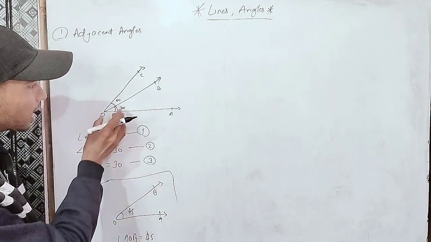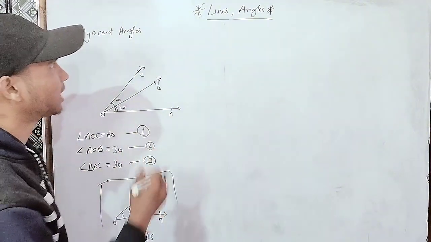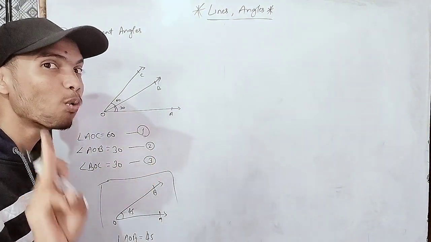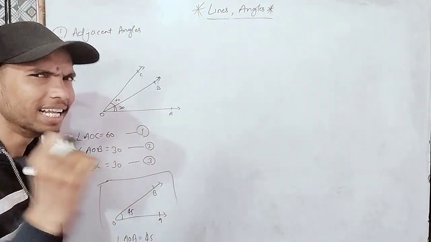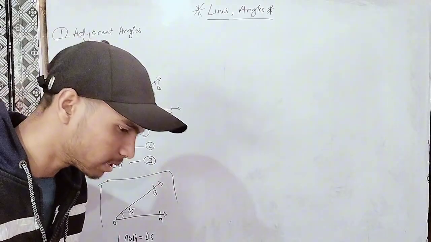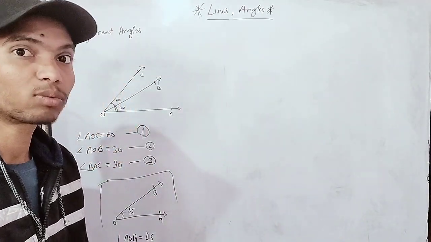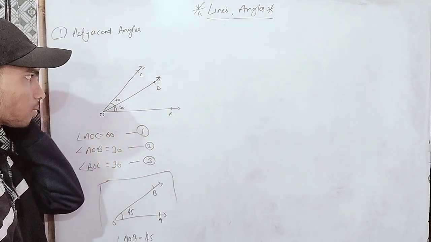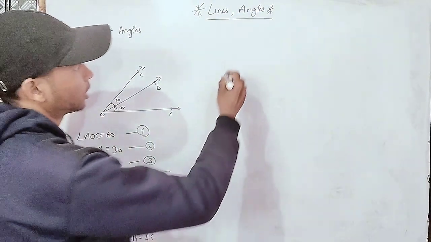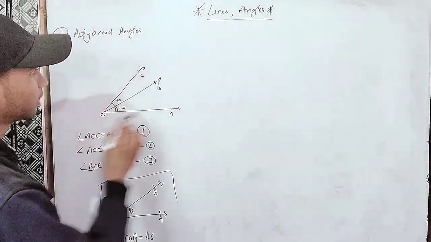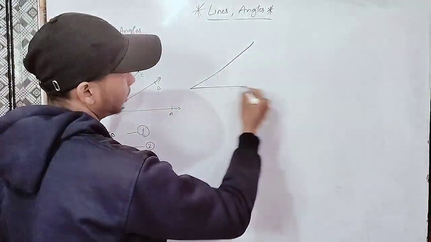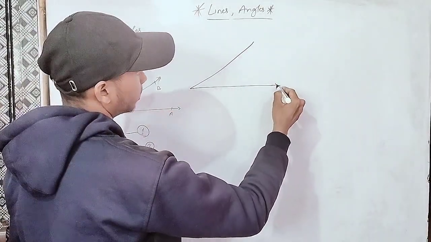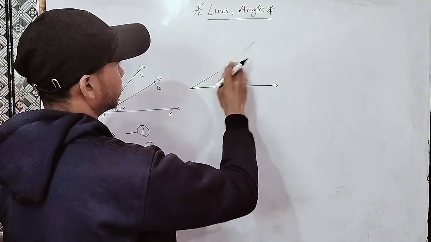When we break it down, as I told you, we have three angles. Let's draw the three angles of this. First of all, we have an angle of 60 degrees.